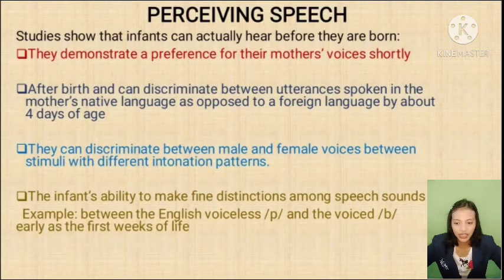The third, they can discriminate between male and female voices, and between stimuli with different intonation patterns. And the last, the infant's ability to make fine distinctions among speech sounds, for example, between the English voiceless P and the voiced B as early as the first weeks of life.